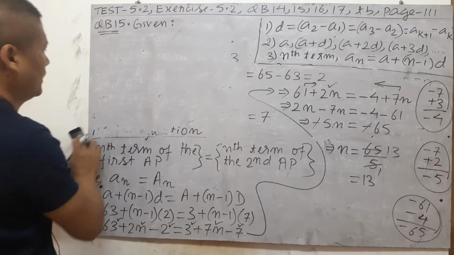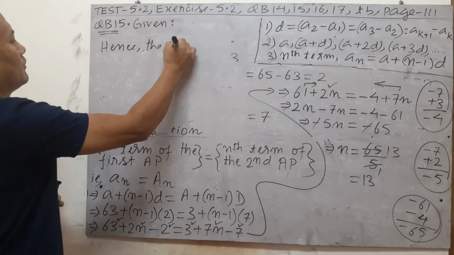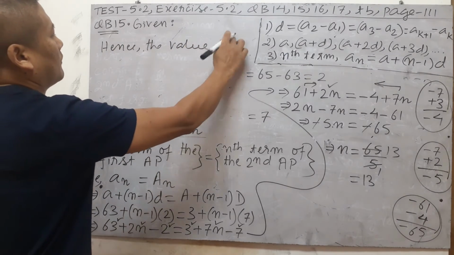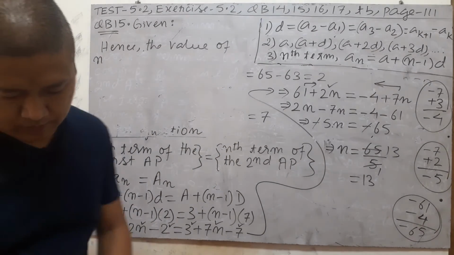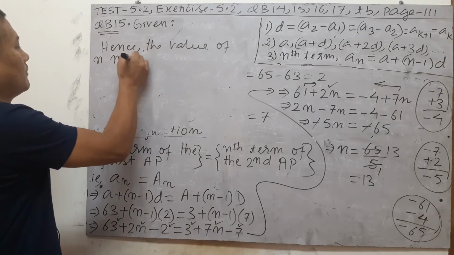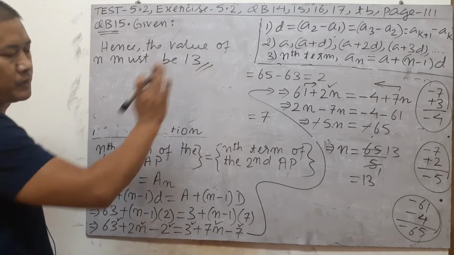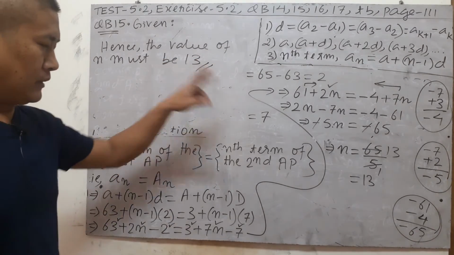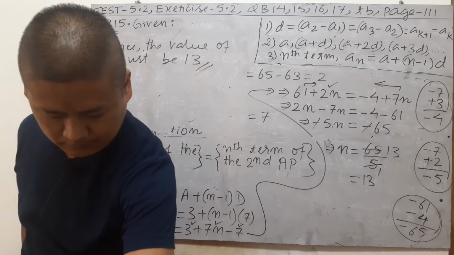Therefore, or hence, the value of n must be 13 for the two APs to have the nth term equal in value. Okay, so that's your answer, n equals 13.